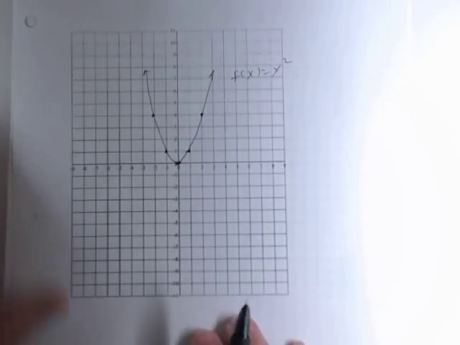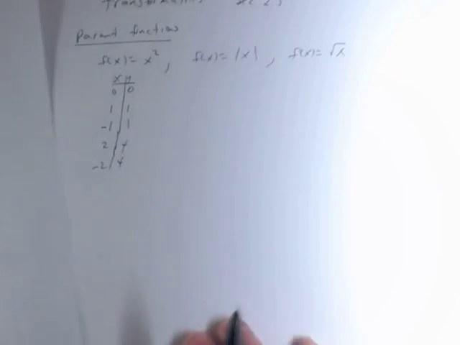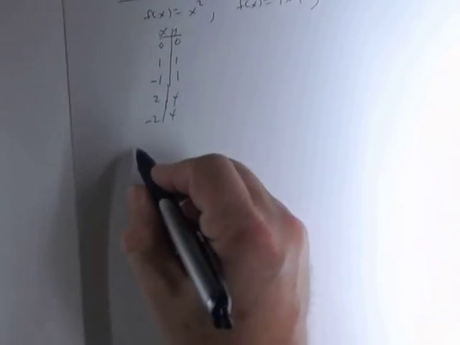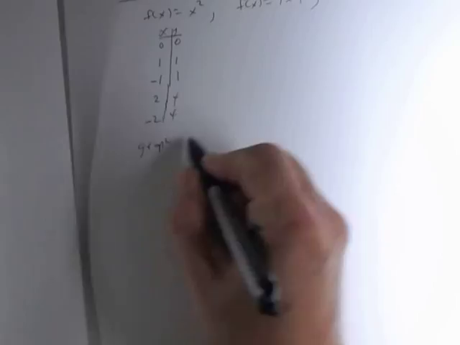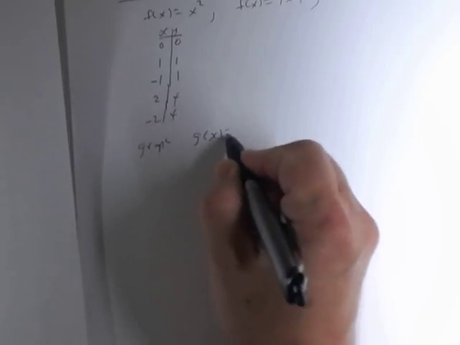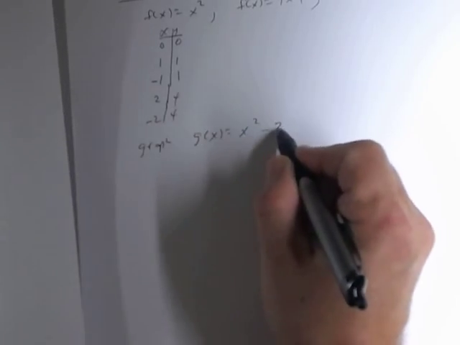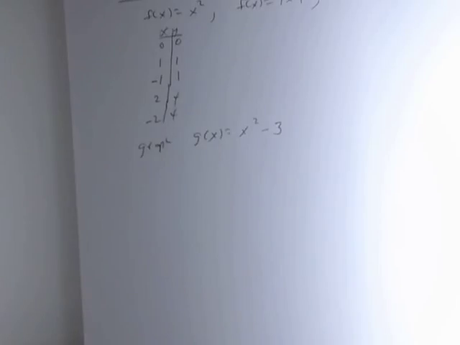Okay, so what's going to happen is this now. So now we're going to graph g of x, which equals x squared minus 3, let's say. So that's what I want to graph.